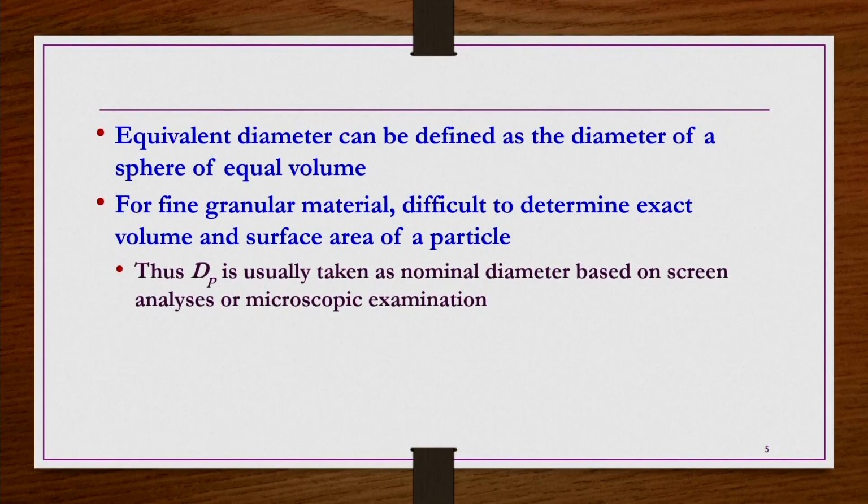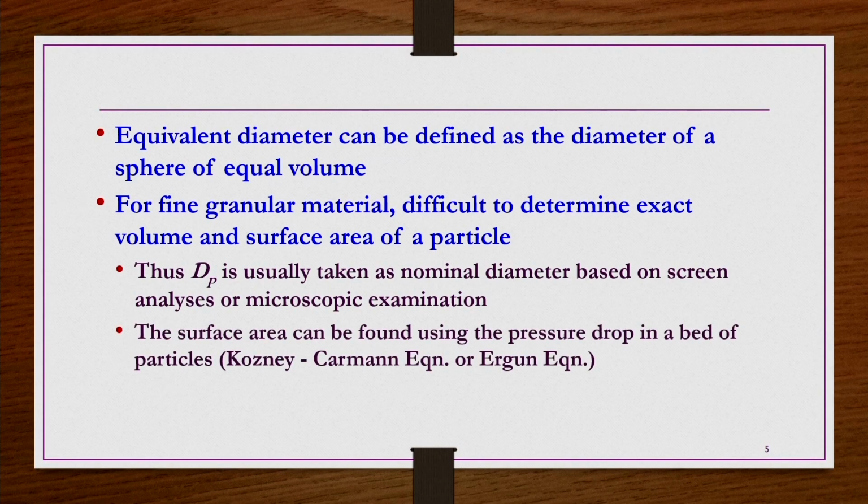There we have screen analysis, or we can do some microscopic examination, right. And then there are some experimental methods also available from which we can measure the surface area. You take a packed bed, pack it with the irregular material for which you want to measure the surface area, and measure the pressure drop.